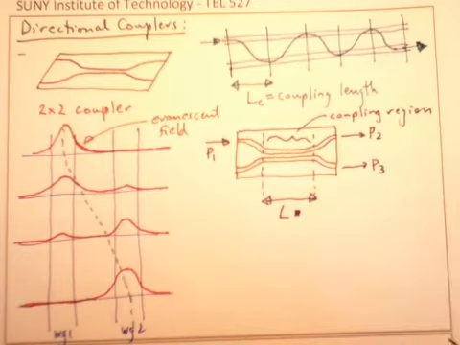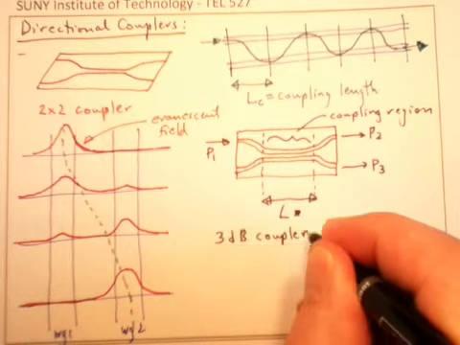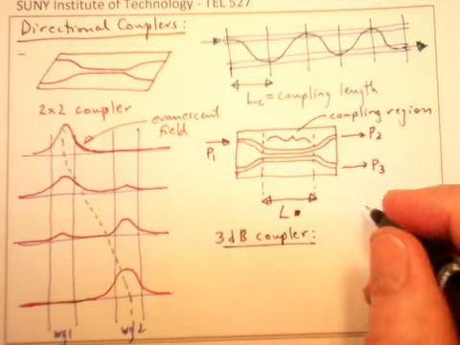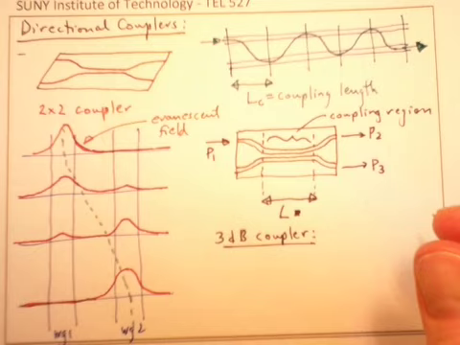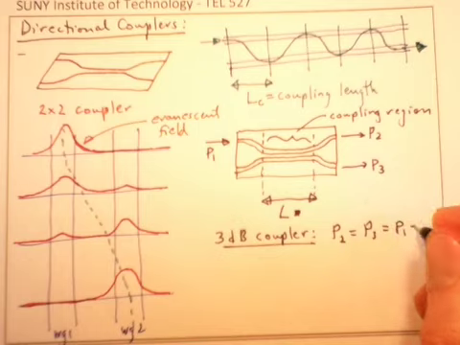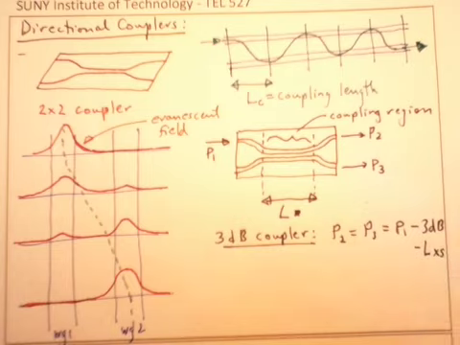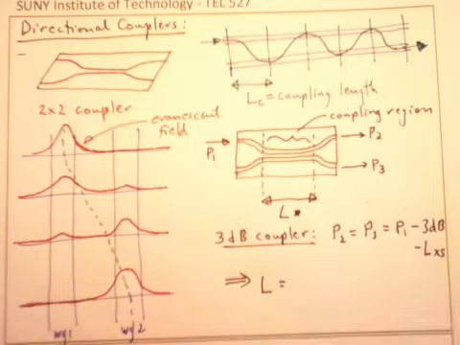And so for a 3 dB coupler, what we're going to ask is that P2 is equal to P3 is equal to P1 minus 3 dB minus excess loss. Okay. In other words, half the light is at each of them. What we're going to have to do is set L equal to half of the coupling length.